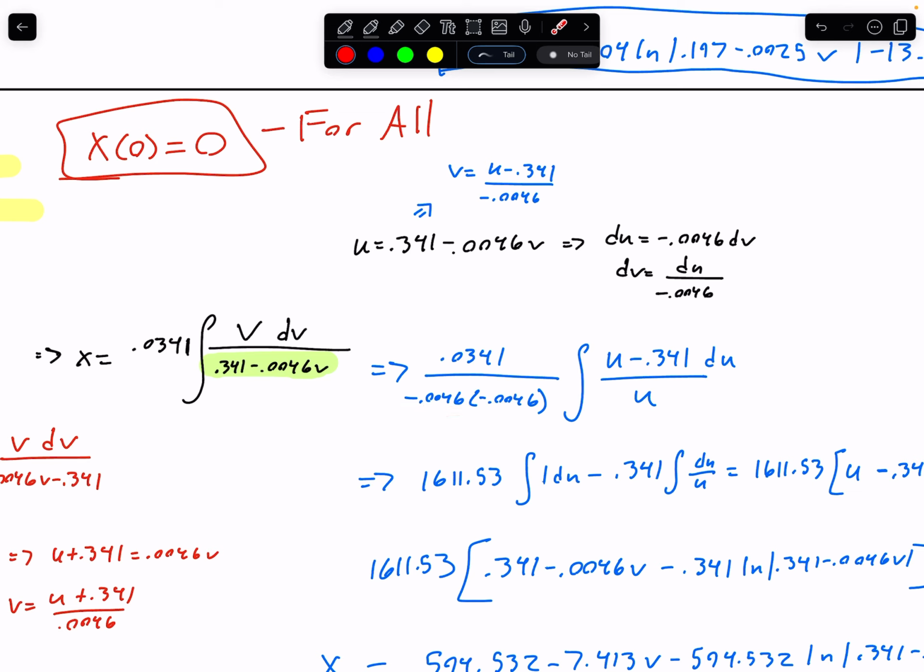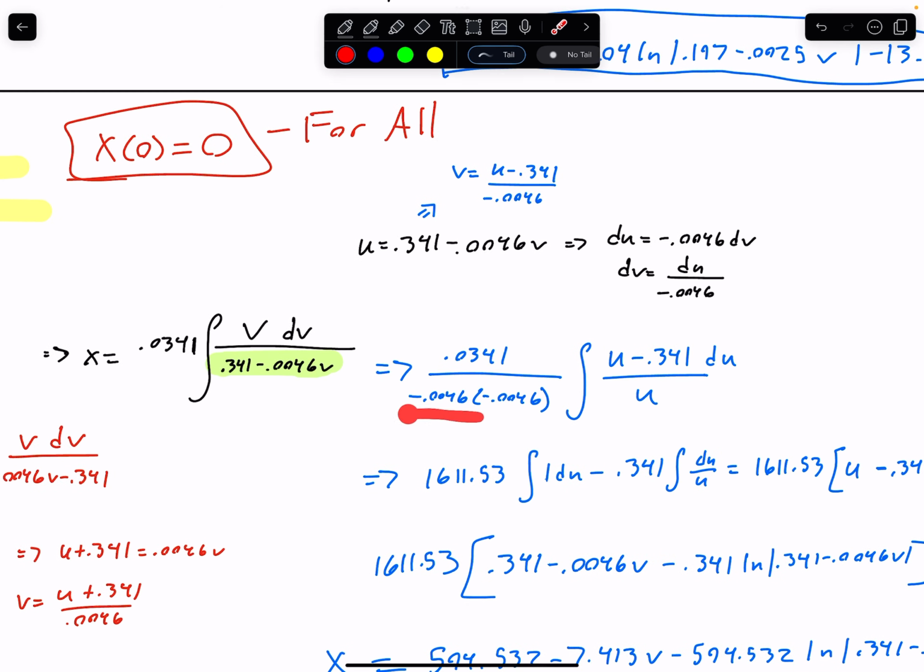But with the v up top here, we can do a little bit of algebra. We get v equals u minus 0.341 divided by negative 0.0046, which we can put out front again.